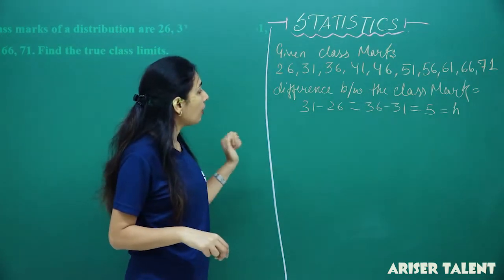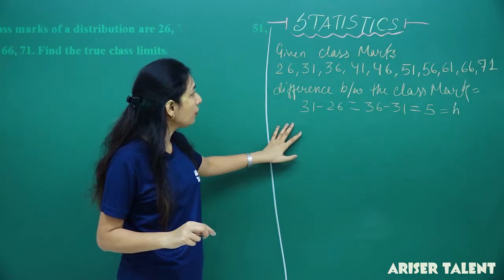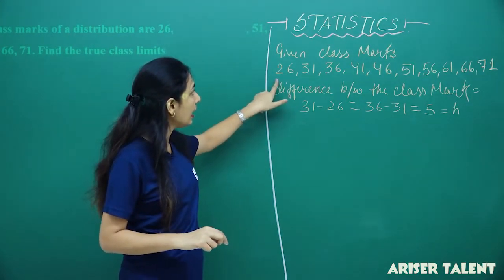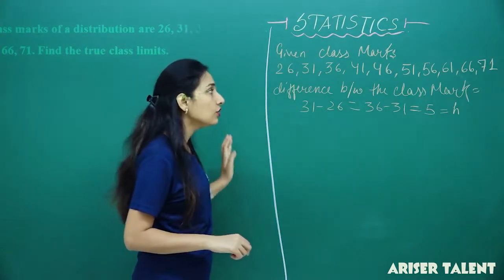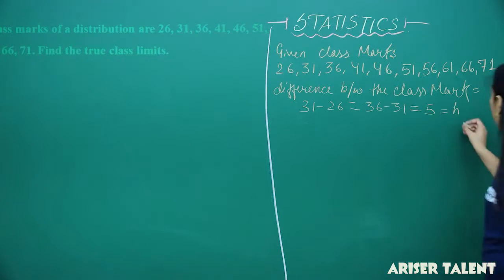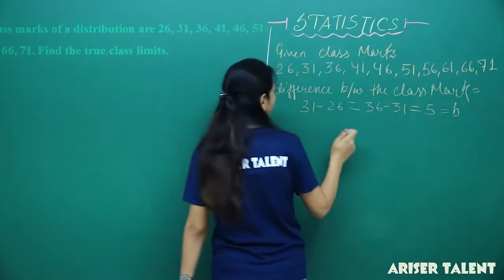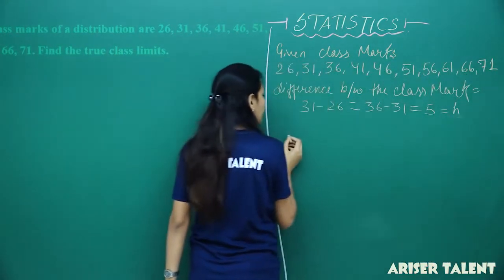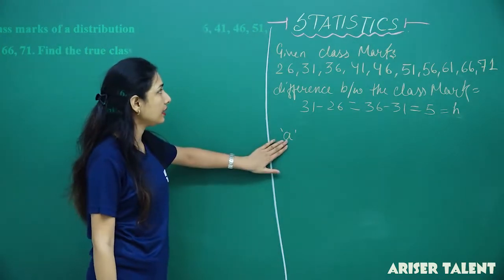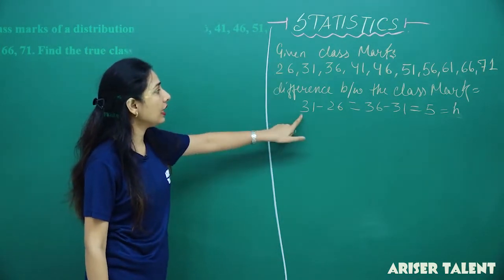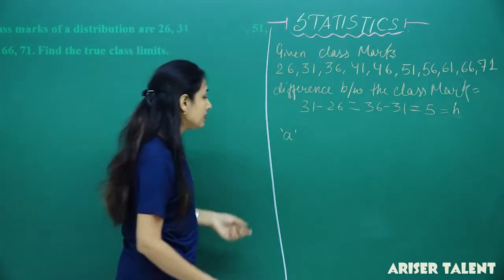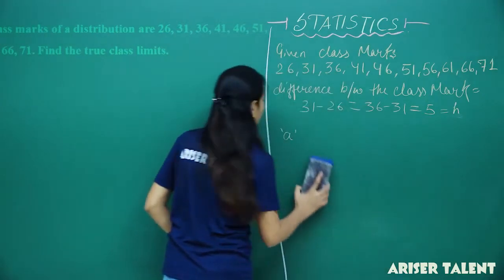Now you have got the difference. Now you have to find out the value here and here, right? So note this. Done with this h. Now we have one more thing in the formula, which is a. Now, what is a? Simply, we can take this 26 here. So this 26 is our a.